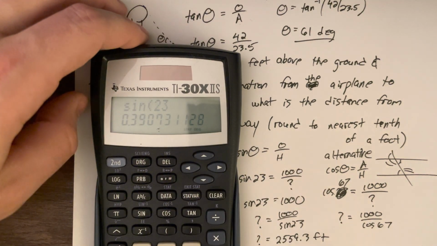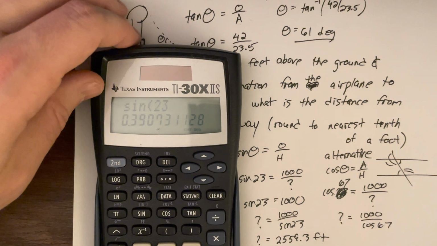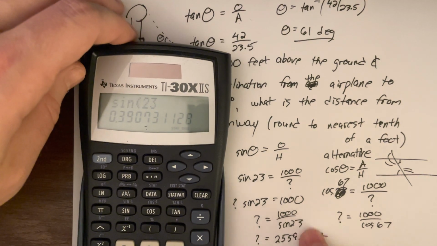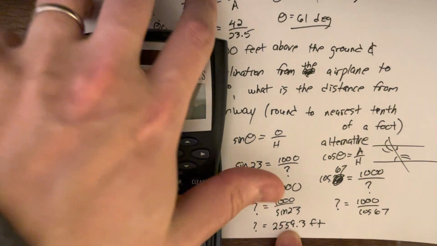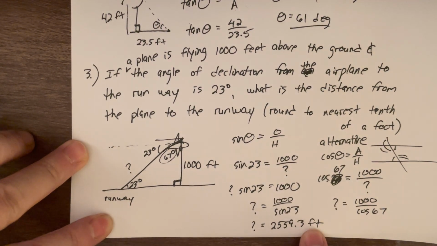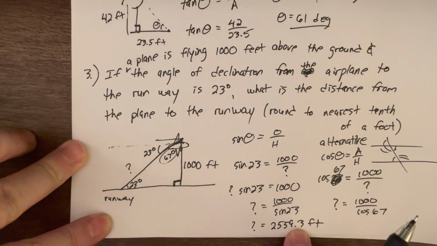So when you go to round off again, you've now double rounded. So it's best we only round once, and the best way to do that is to just do all your arithmetic at once, so you get an answer, and you just make sure you're rounding to the correct spot, to the nearest tenth of a foot. That's why I looked at the 100th spot, which was a 0, and just rounded off right here.